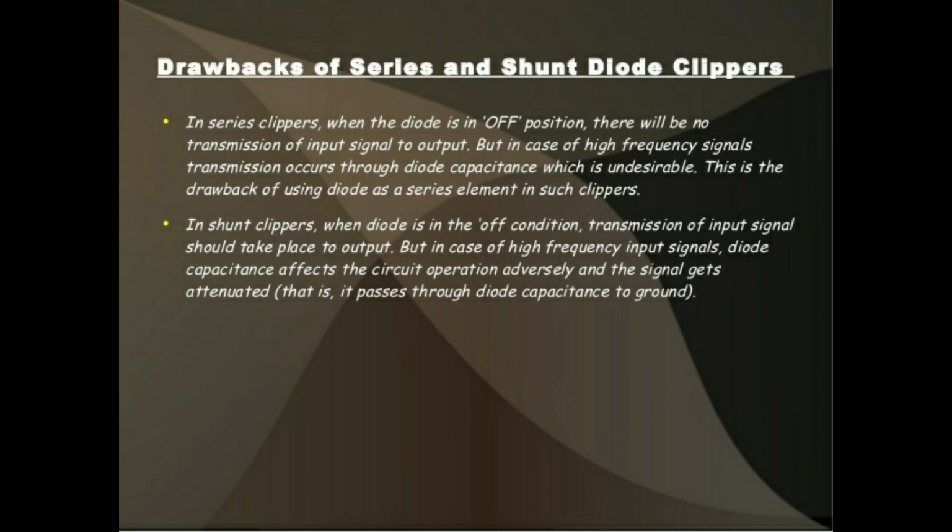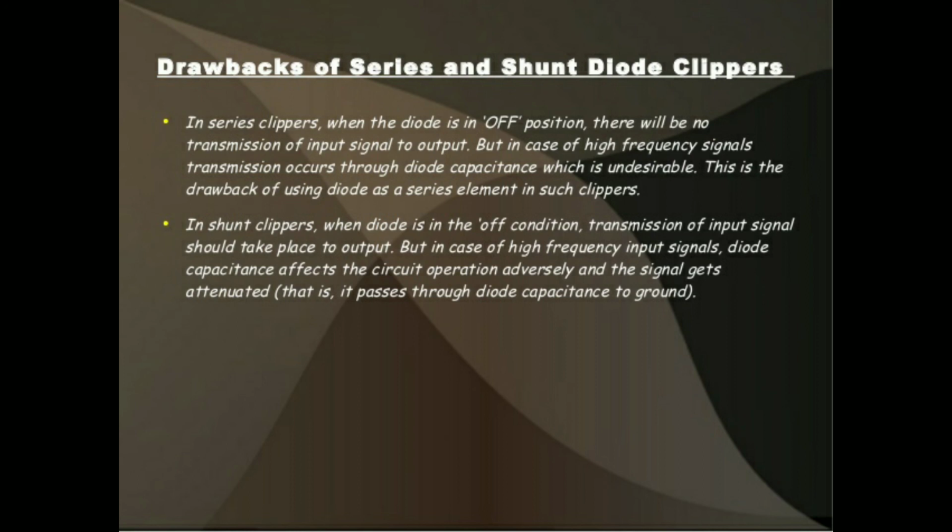Another disadvantage in the shunt diode is, when the diode is in off condition, the transmission of input to output should take place. In the case of a high frequency input signal, capacitance effects make the operation noisy.